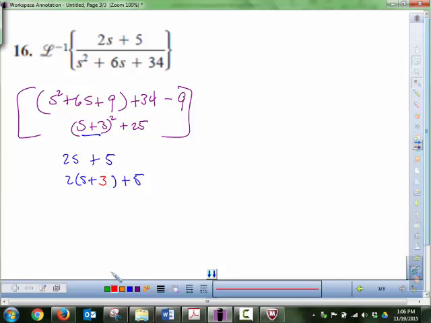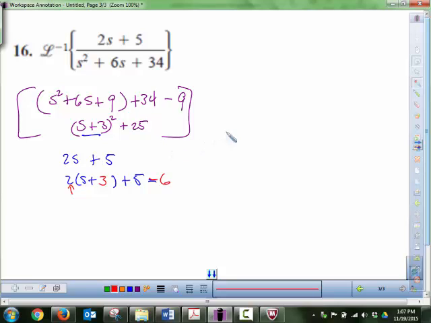I want to add 3 in there, and so I would need to subtract 3. I really added a 6, right? So I want to subtract the 6. And that 6 comes from the 2 times 3 that you really added. And if you want, you can go ahead and simplify this, distribute, multiply, and then cancel things out, and you'll see 2s plus 5.